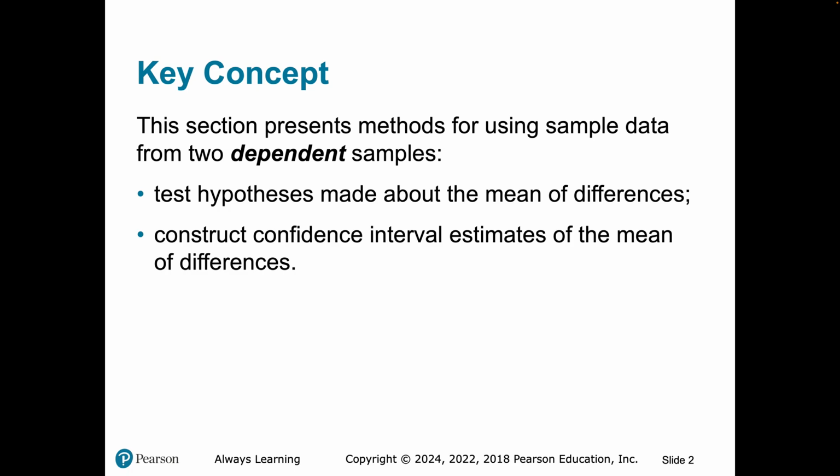The focus in a dependent samples t-test is to examine the mean of the differences. So it's no longer about the differences of the means, it's about the mean of the differences. Now that's probably just making your brain go into some sort of convulsions. Just hang with me and I'll do my best to explain and demonstrate that.